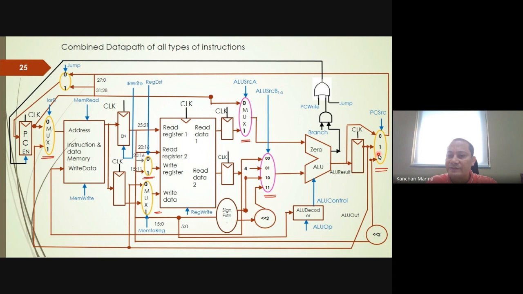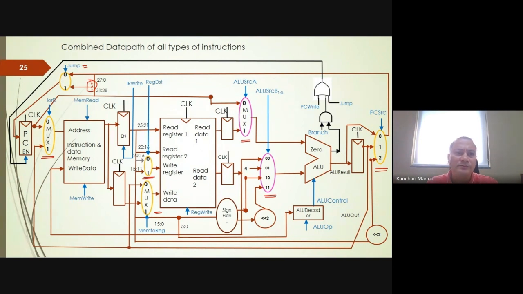And for the jump instruction, which we just saw, the value is coming out from this port and coming here. Here we are performing the concatenation that we just saw. So this is the concatenation unit, and if it is a jump instruction, then it would be 1. At that time, the value would come via this path.